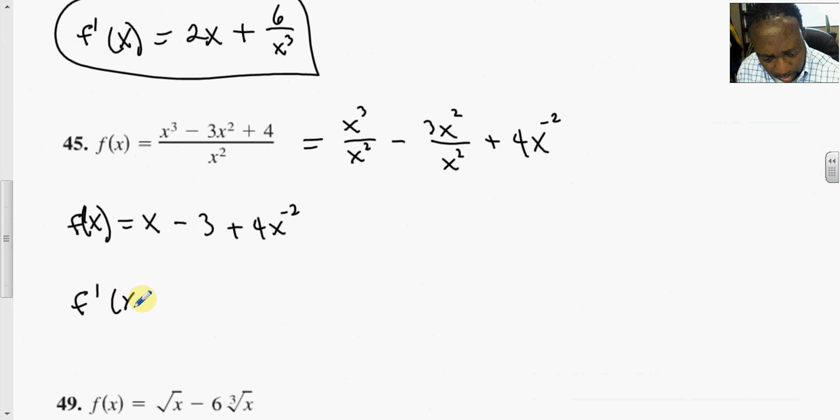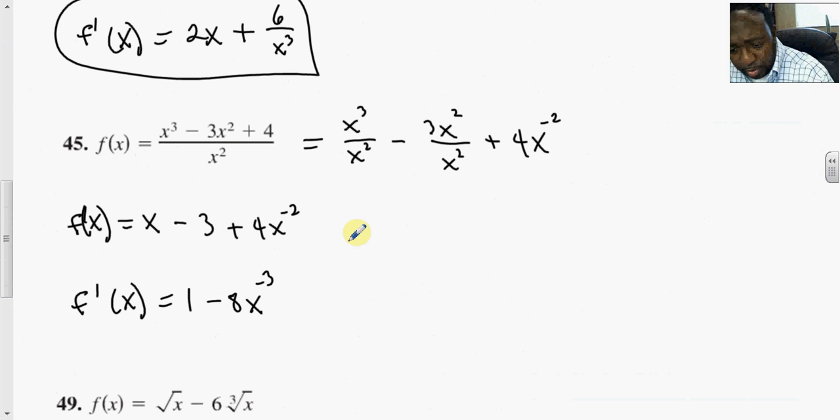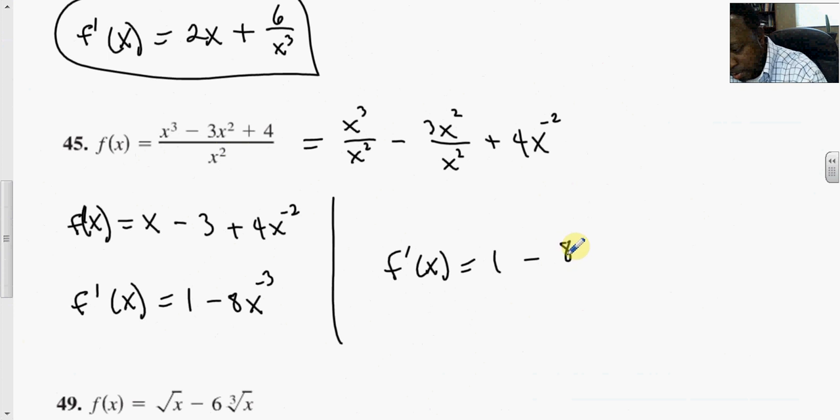So f prime of x is equal to, the derivative of x is 1, the derivative of negative 3 is 0, and this is 4 times negative 2, so negative 8 times x to the negative 3. Then we can write f prime of x is equal to 1 minus 8 over x to the third.